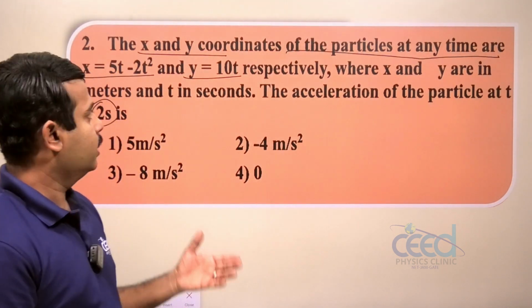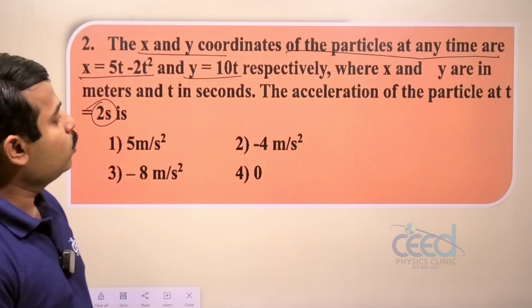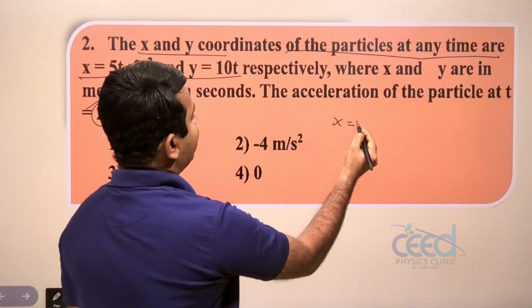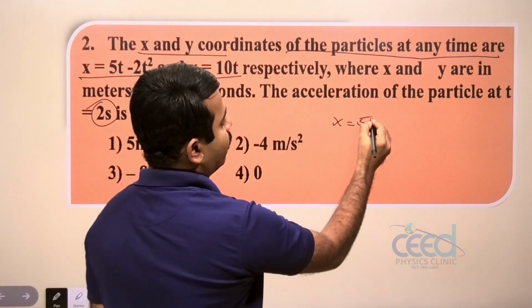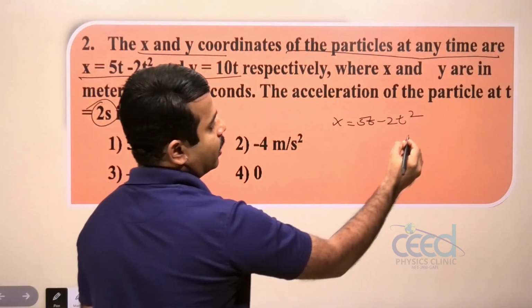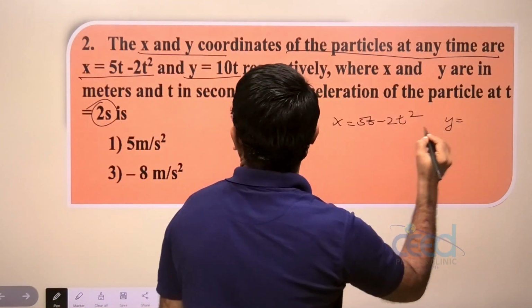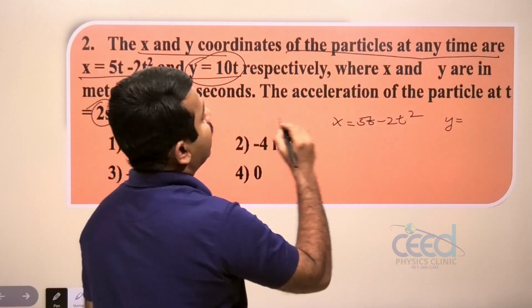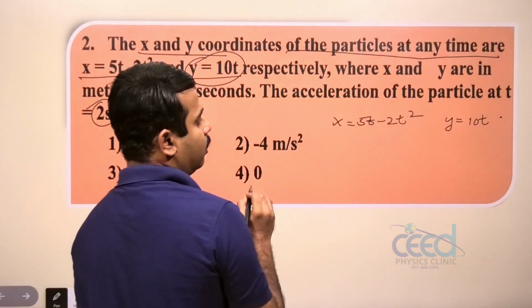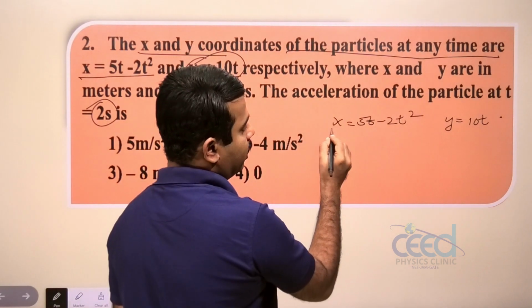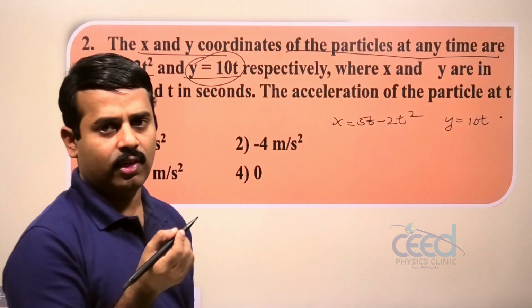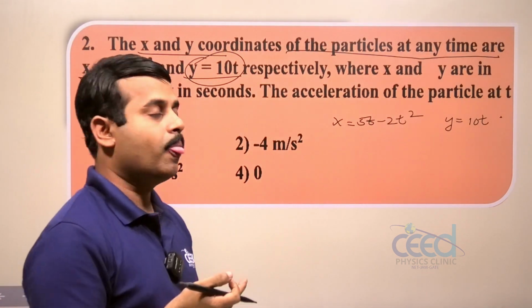In two dimensions, x is equal to 5t minus 2t square and y is equal to 10t. To find acceleration, we take the double derivative of displacement.